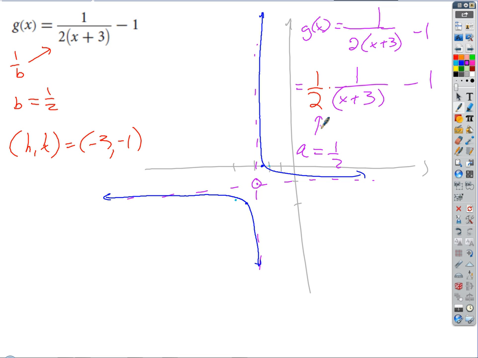Think about that. b equals 1/2, a horizontal compression of 1/2, turns out to be identical to a vertical compression of 1/2. Kind of makes sense. If I'm going to suck this thing in towards the horizontal asymptote, aren't I also sucking it in towards the vertical asymptote? It's going to do the same thing. I could also think of this as going over 1 and up 1/2, or back 1 and down 1/2.